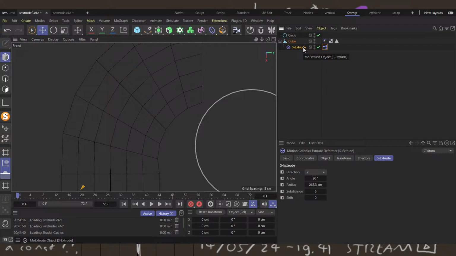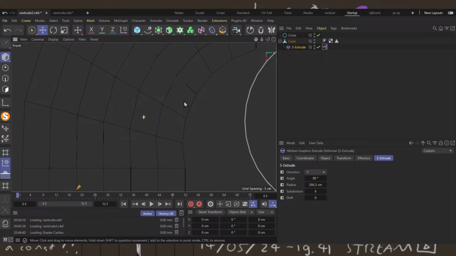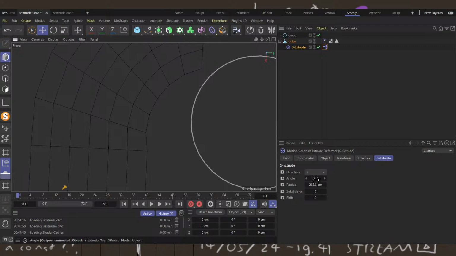Okay, so basically, like I said, this thing doesn't rotate along some point, right? It just extrudes, rotates, and then from this perspective, just extrudes, rotates. From this perspective, just extrudes, rotates. So it creates this weird cyclone effect.